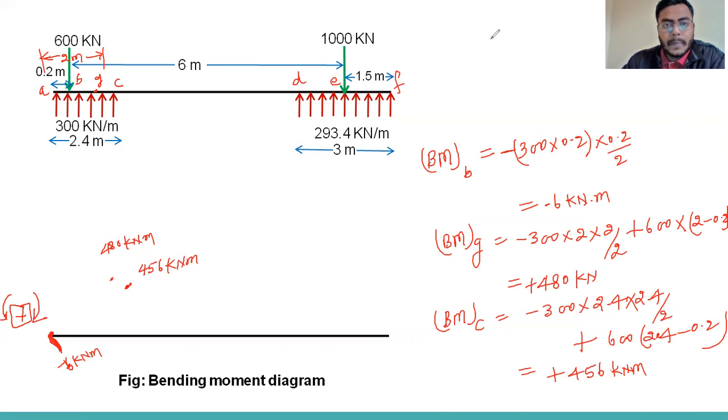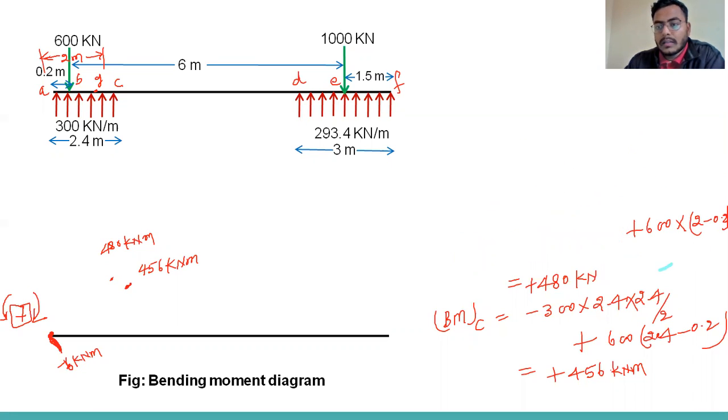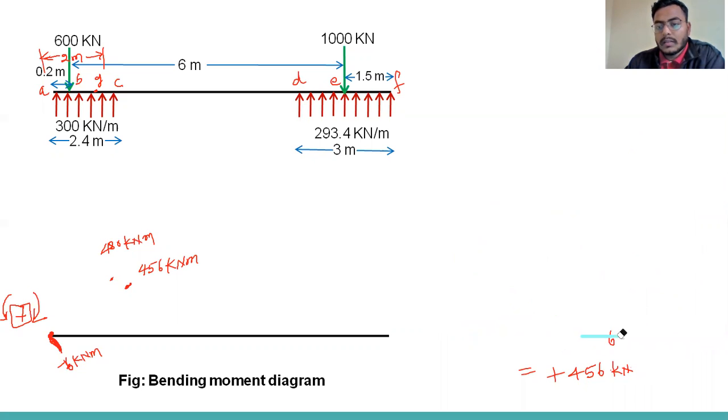Okay, now we can calculate the bending moment at other points. Okay, so we can calculate the bending moment. See, here it is negative, or here it is positive.